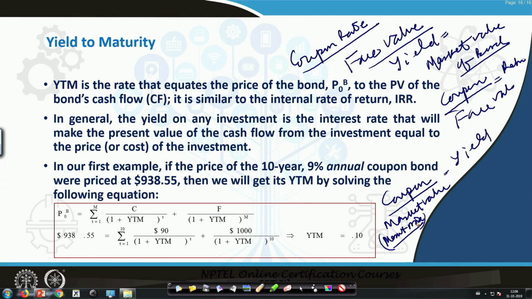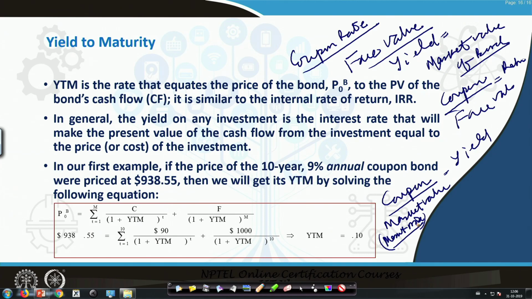Whenever you talk about the interest rate or the return, those are calculated on the basis of the face value of the bond. For example, in the previous example, 9% is the coupon: 90 divided by 1000 is 9%.